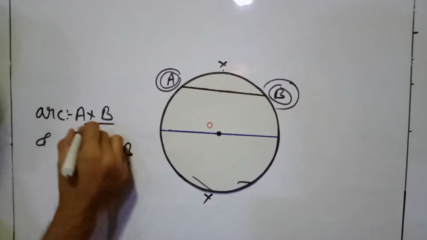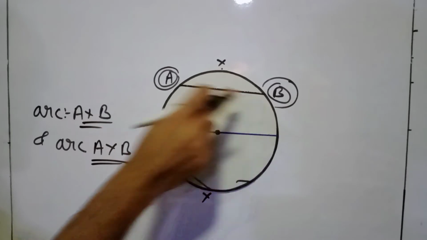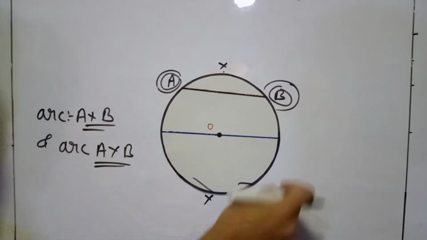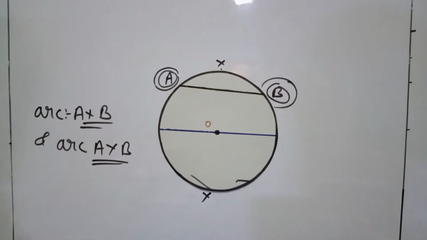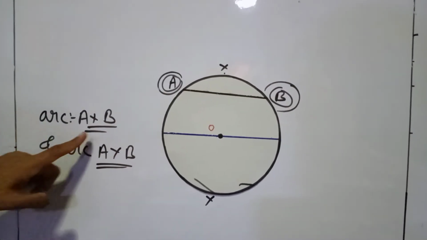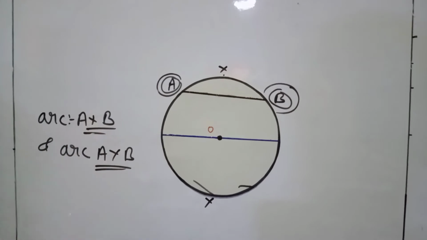So these two arcs we have with the endpoints A and B. This AYB is a major arc, AXB is a minor arc. This way we can write the name of the arc by using three letters.